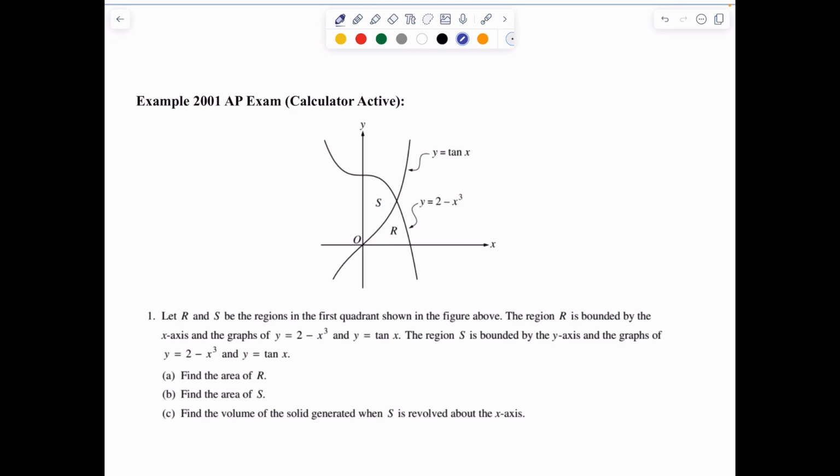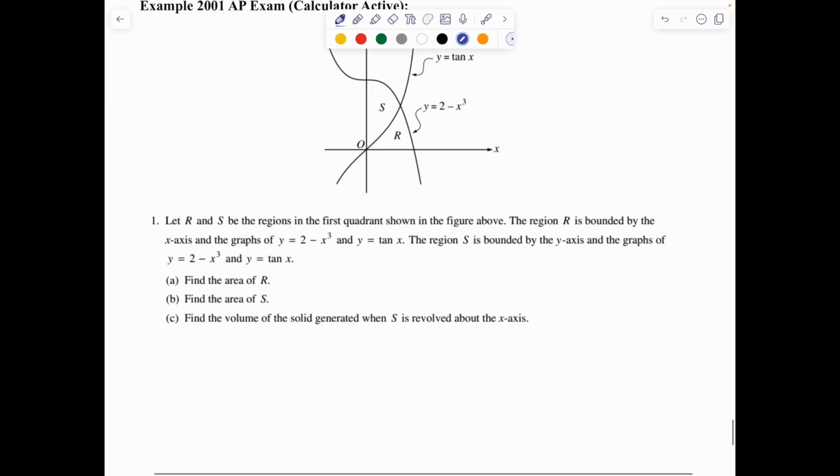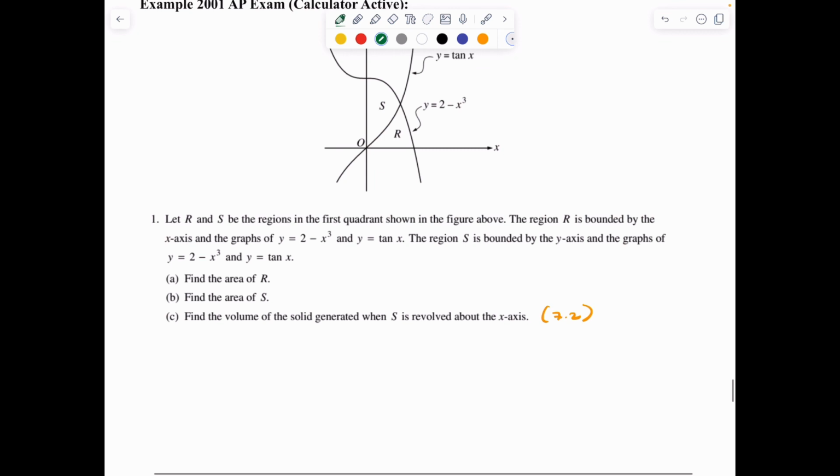Region R is bounded by the x-axis and the graphs of y equals 2 minus x cubed and y equals tangent of x. And region S is bounded by the y-axis and the graphs of y equals 2 minus x cubed and y equals tangent of x. So we want to find the area of R as well as the area of S. Part C, again, we will be covering in section 7.2. So we'll end up circling back to these problems.